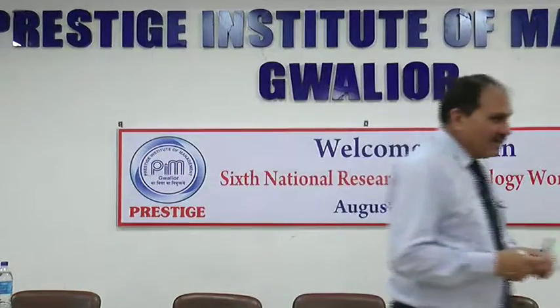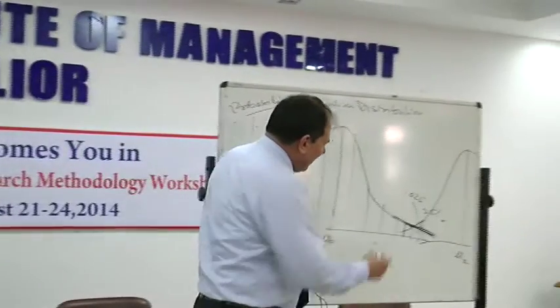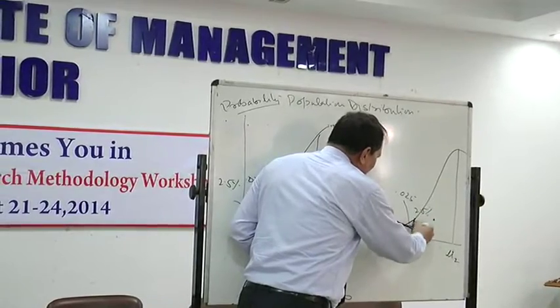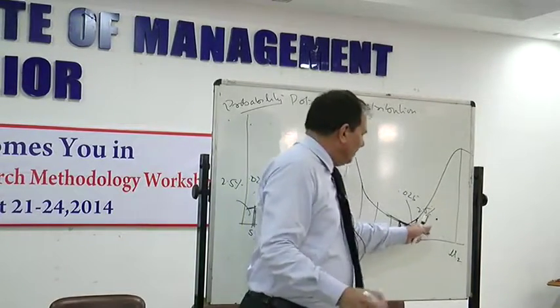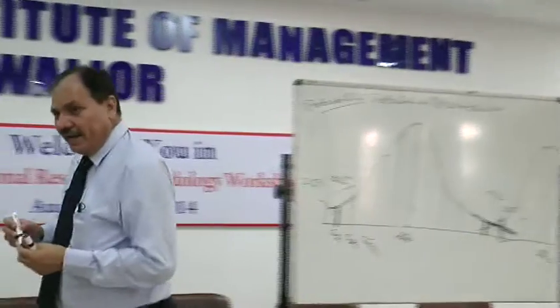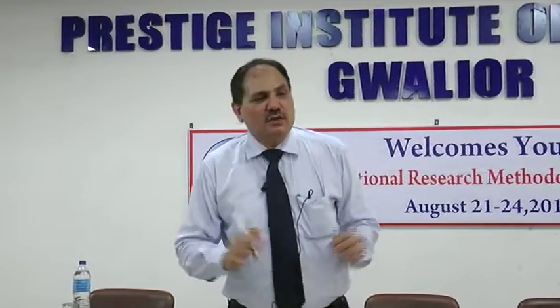Now, I have decided 5% level of significance. Then the cutoff line for the right side is this and for the left side is this. Now there is a gap between the two. That means the two populations differ significantly.